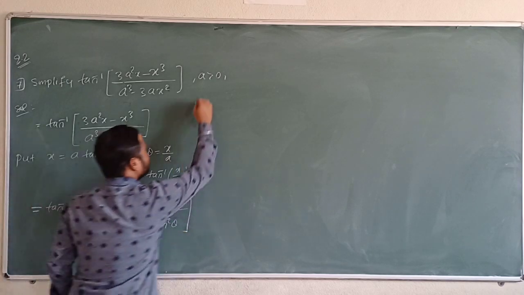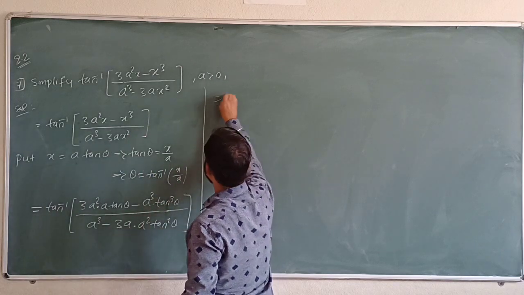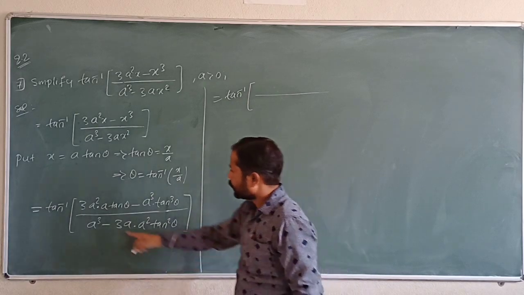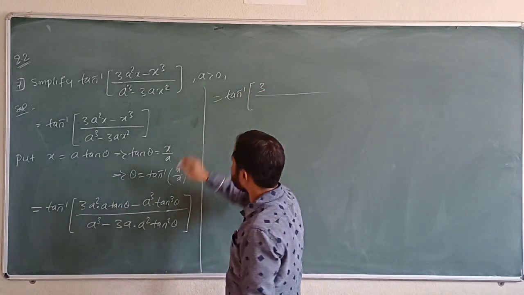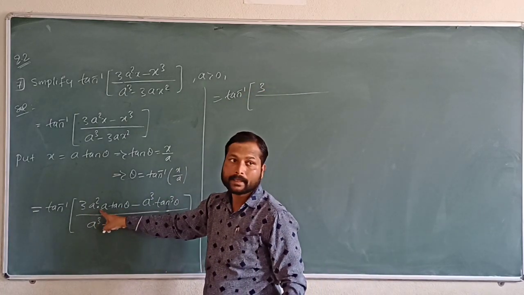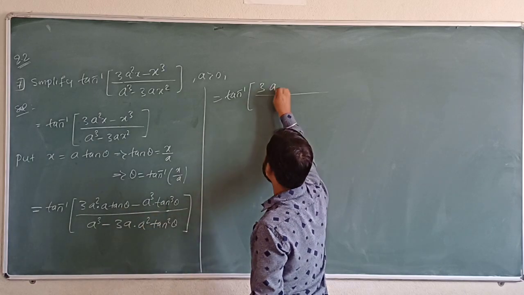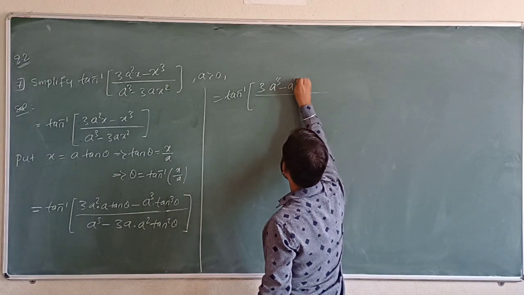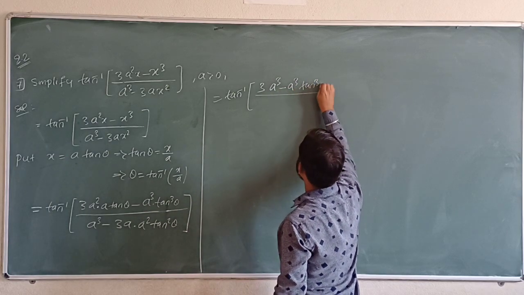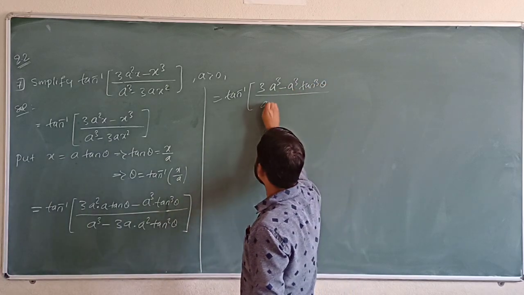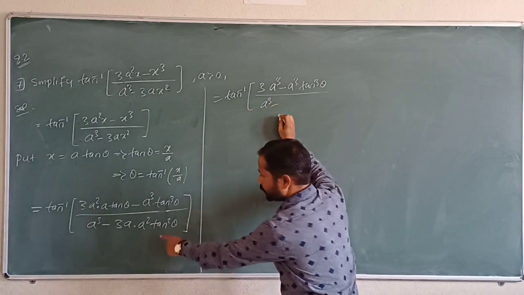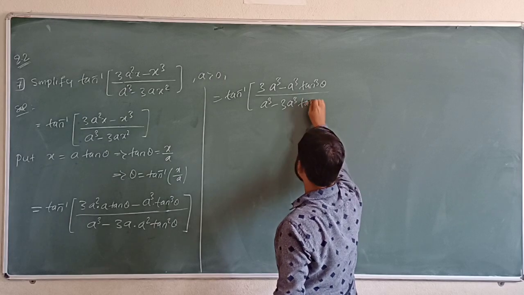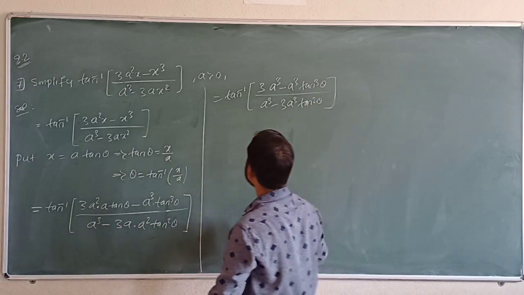Then tan inverse of, right below this one, 3 as it is, a square into a cube, a cube tan cube theta divided by a cube as it is minus 3 a cube tan square theta.